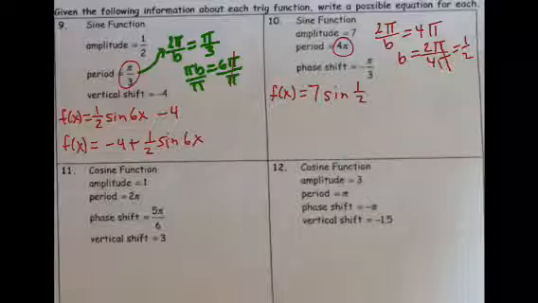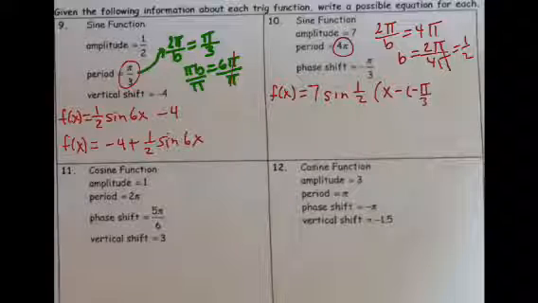Now this one has a phase shift of negative pi over 3. So that means that we're going to put x minus a negative pi over 3 like that, and no vertical translation, so we just leave that alone. There's nothing else to add.